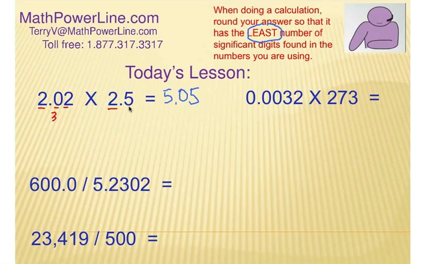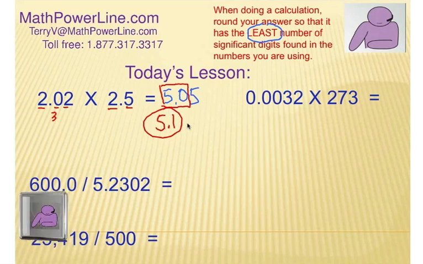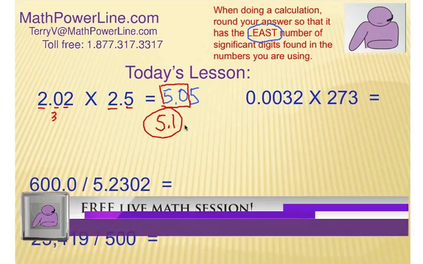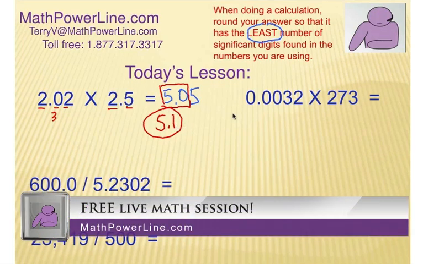This, of course, has 2, and so we take the least number, which is 5.0, and then we have to look at the 5 trailing that to see what we round to. Of course, that would mean that it becomes 5.1. So we would have to round to the tenths there, 5.1.